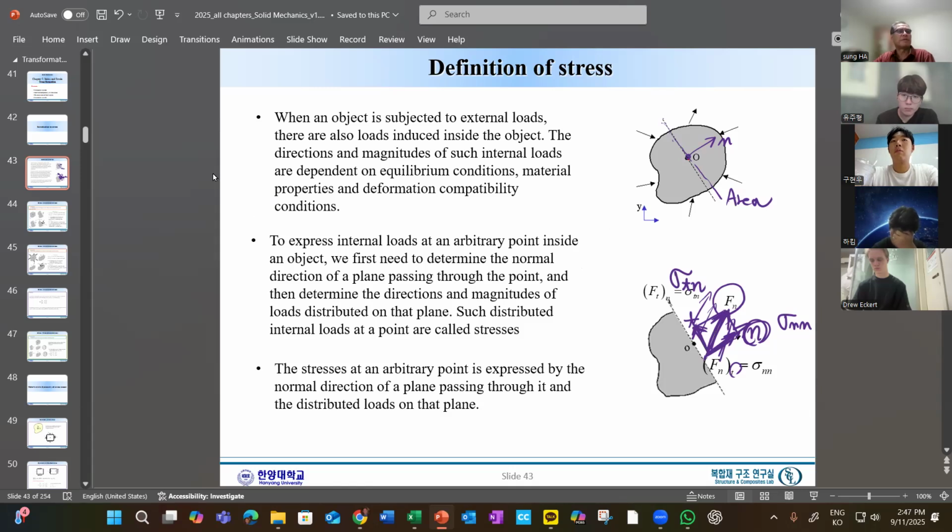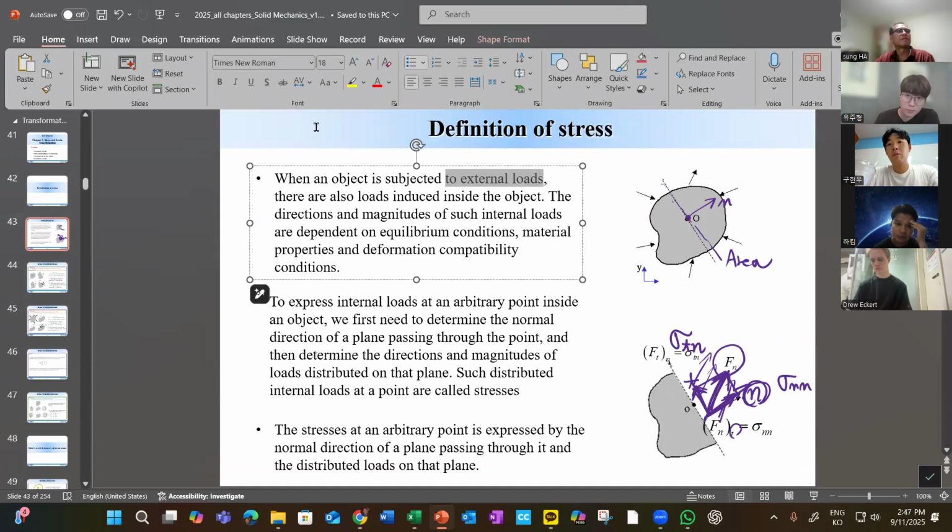Well, I like to read here. When an object is subject to an external load, there are also loads induced inside the object.